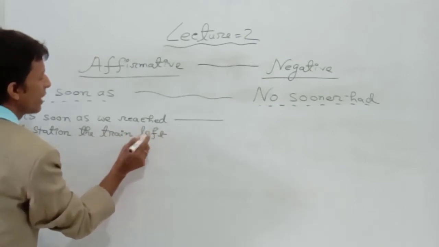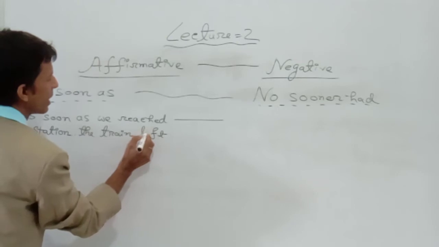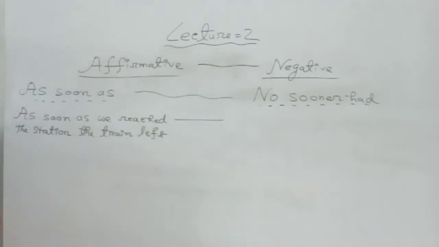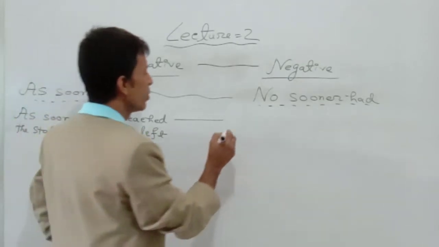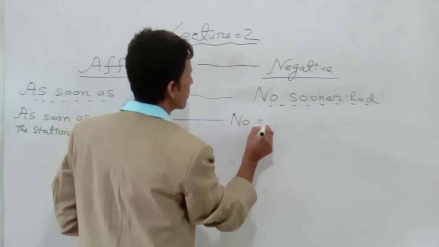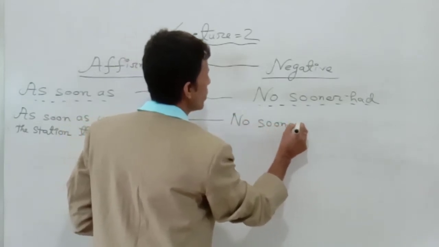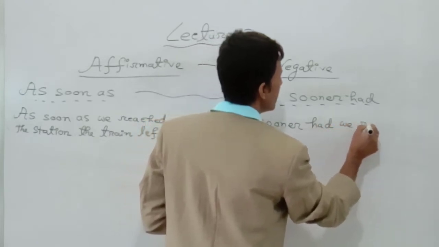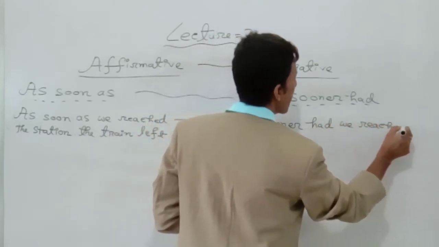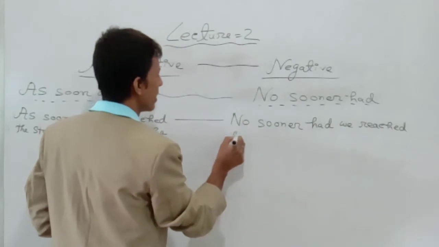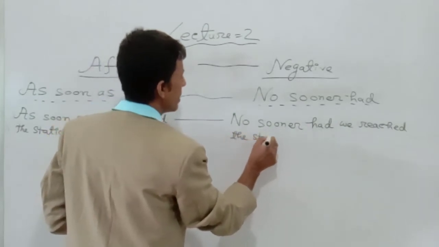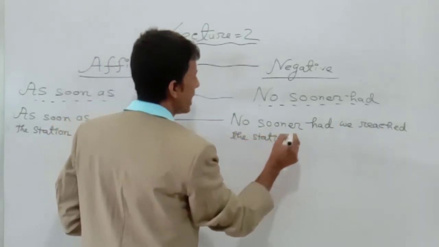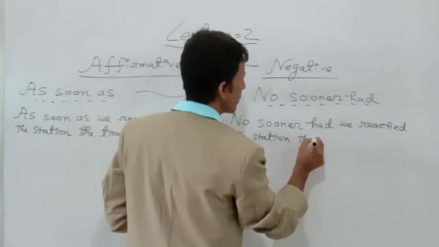Such kind of affirmative sentence can be transferred into a negative sentence by writing no sooner had. No sooner had we reached the station, then the train left.